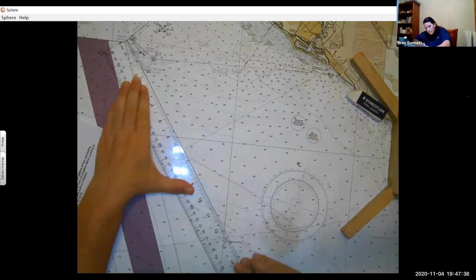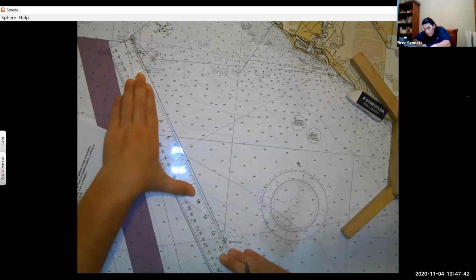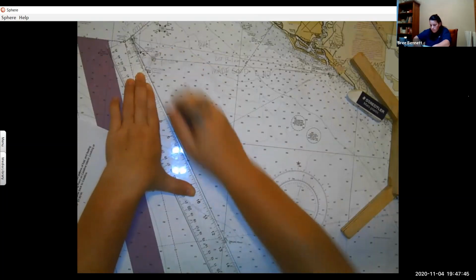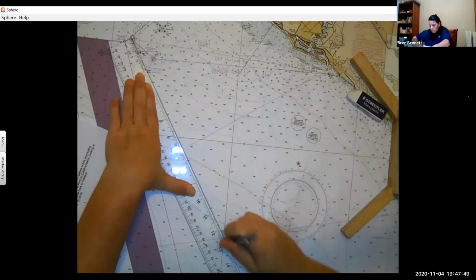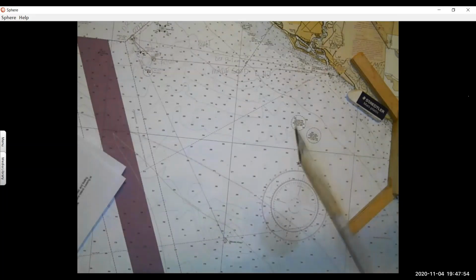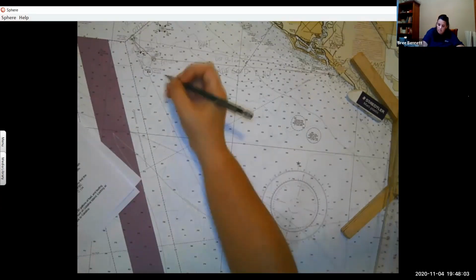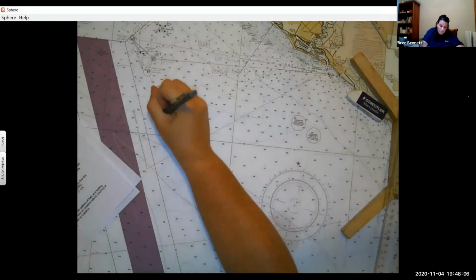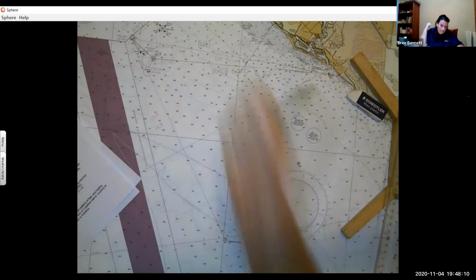So I'm going to plot my line. It asks us actually, my speed is going to be 10.7 knots.